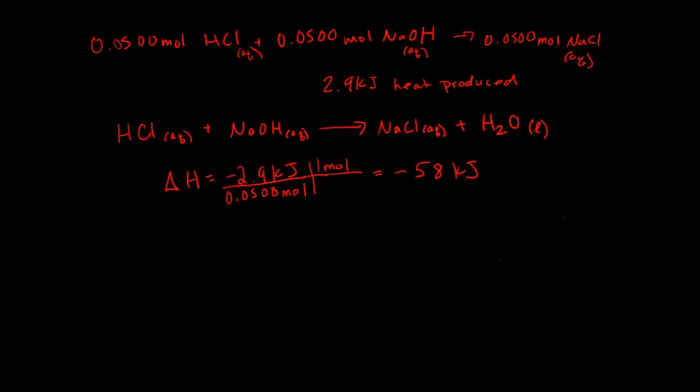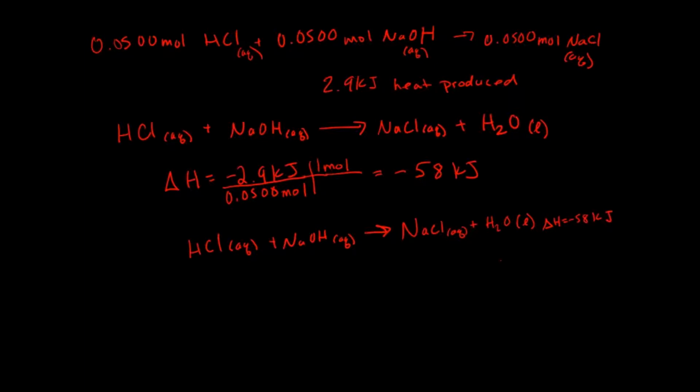That's perfectly fine too. But our thermochemical equation then is HCl aqueous plus NaOH aqueous becomes NaCl aqueous plus liquid water. And we put next to it delta H equals negative 58 kilojoules.